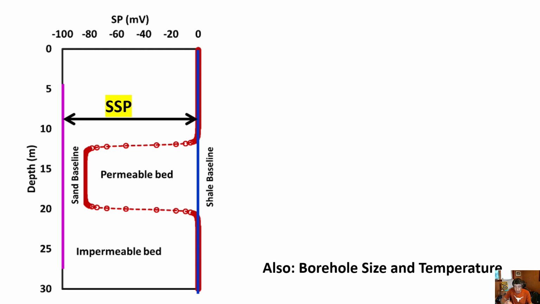We also need to make the measurement in the center of the bed, right here, away from bed boundaries, to eliminate shoulder bed effects. And also we want to make sure that there are no hydrocarbons. There could be several factors, conditions that could cause the value itself to be suppressed compared to the value that we have of that same permeable bed under ideal conditions.